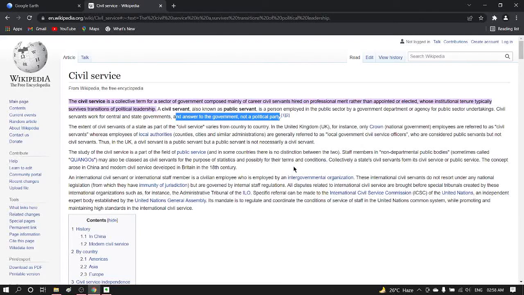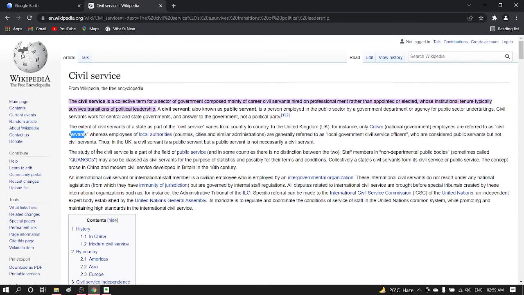Okay, the extent of civil servants of a state as part of the civil service varies from country to country. In the UK, for instance, only Crown employees, the Queen presently, are referred to as civil servants.